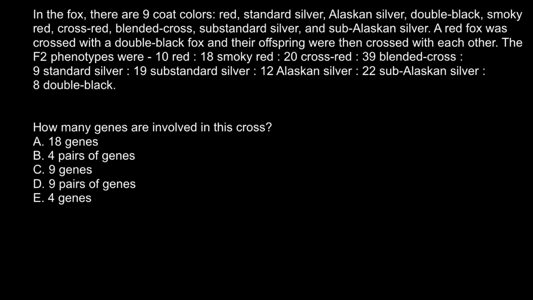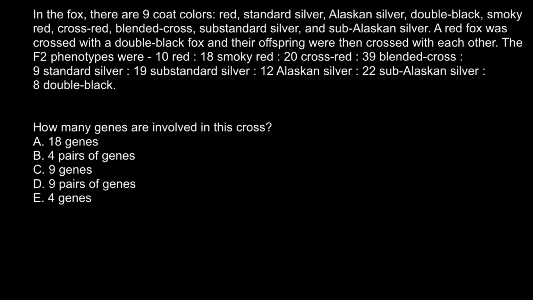In the fox, there are 9 coat colors: red, standard silver, Alaskan silver, double black, smoky red, cross red, blended cross, substandard silver, and sub-Alaskan silver. A red fox was crossed with a double black fox, and their offspring were then crossed with each other.